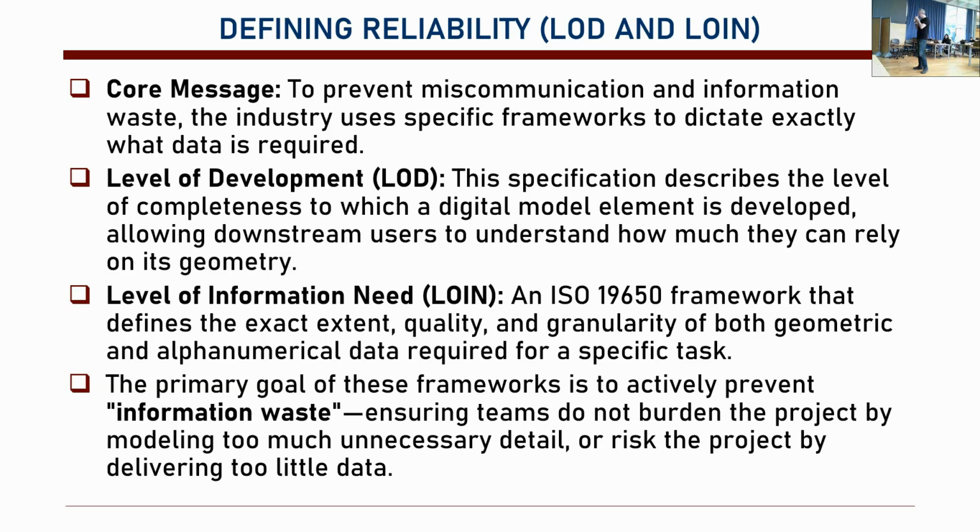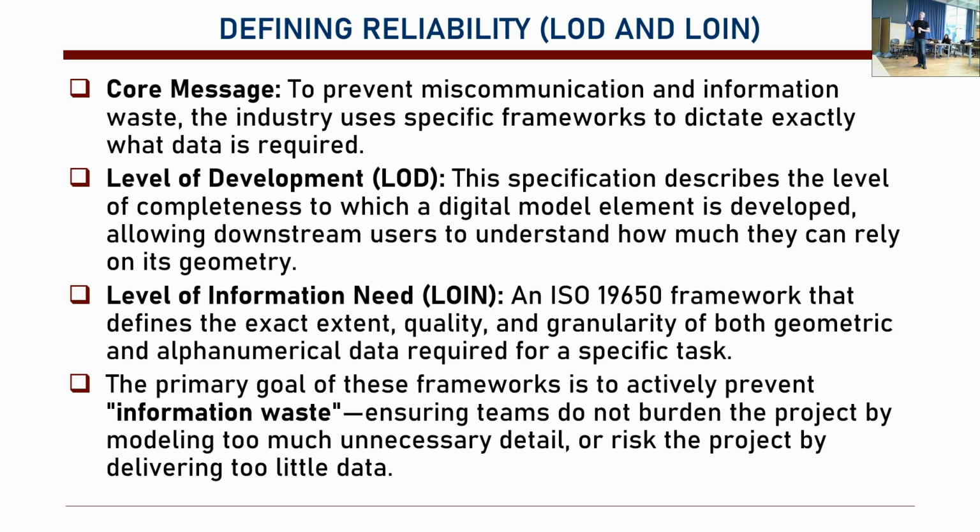The first one is level of development, okay? This is an old one, we'll talk about it, but basically it is the level of completeness to which a digital model element is developed. Like, how complete is your wall? How complete is your column, in terms of information content?